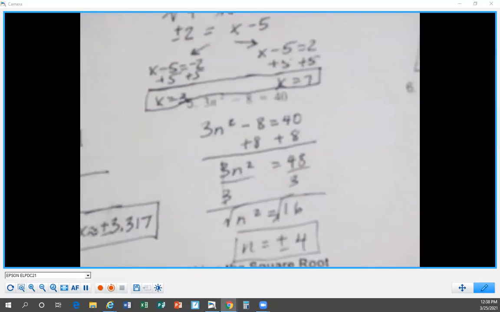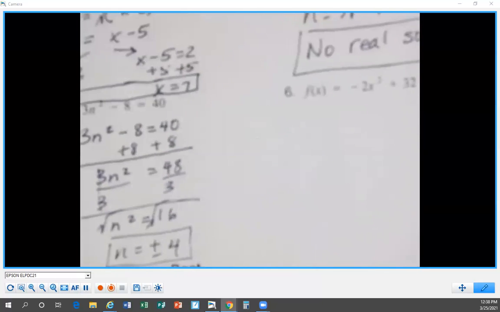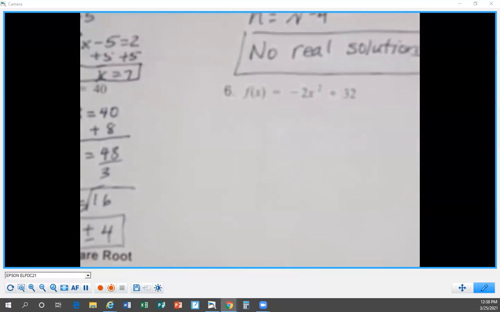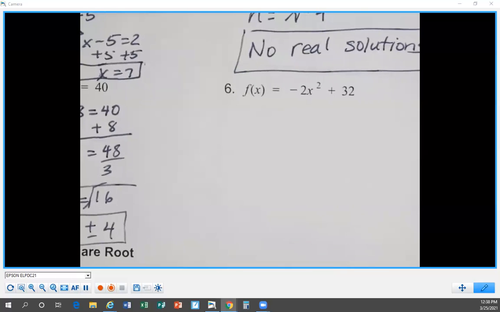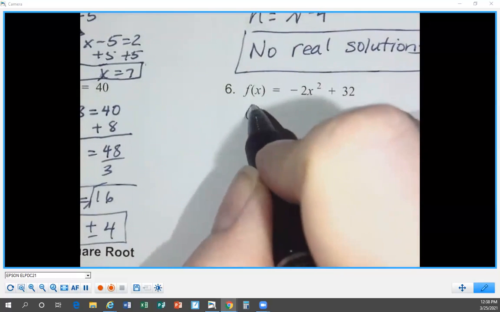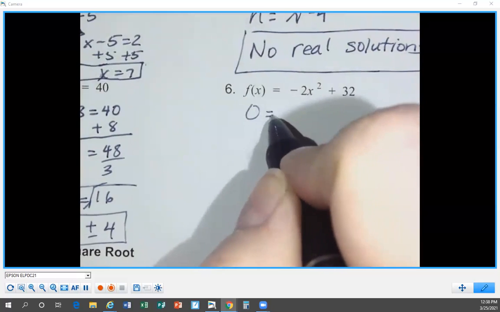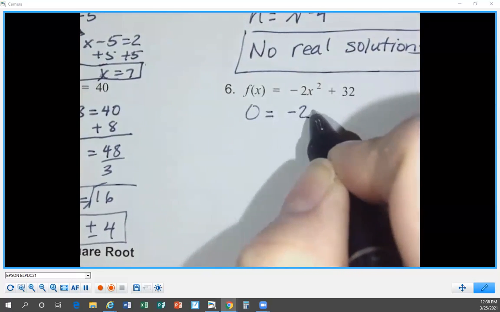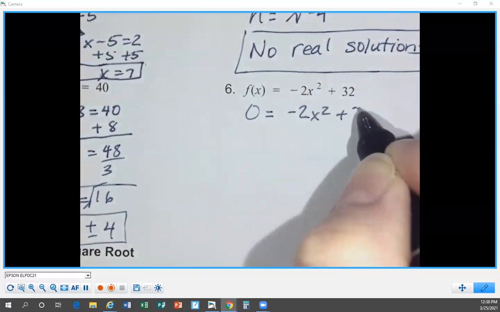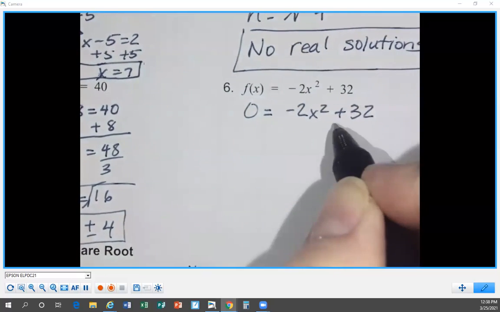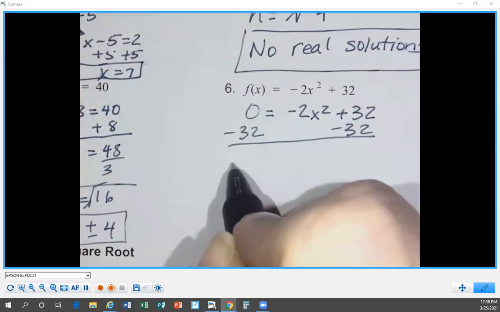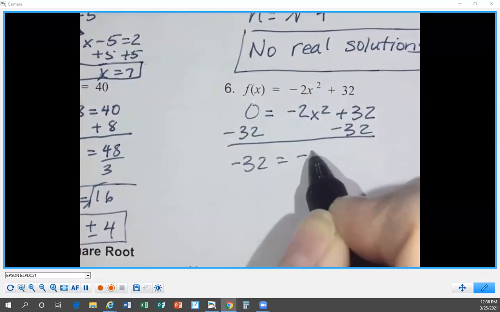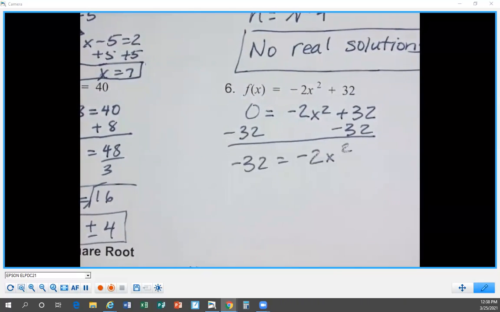Okay, then number 6, we have f of x equals negative 2x squared plus 32. So we'll set that equal to 0. So the f of x is set to 0 equals negative 2x squared plus 32. We subtract the 32 from each side to get negative 32 equals negative 2x squared.